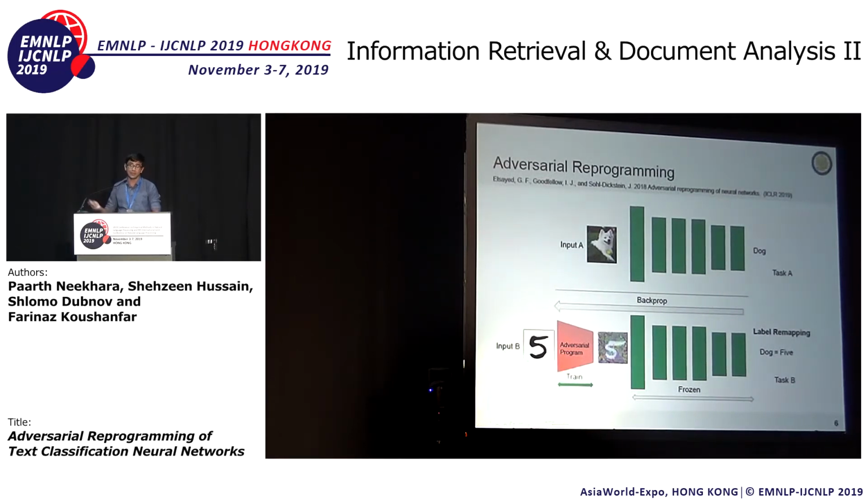Interestingly, what has been shown in this work is that this adversarial program can be something as simple as an additive contribution to all your images. We can train a universal noise, which can be added to all our inputs so that we can repurpose our original model for classifying digits. So instead of learning a whole new network, we're just learning one universal noise, which can be added to every image so that we achieve this adversarial goal.